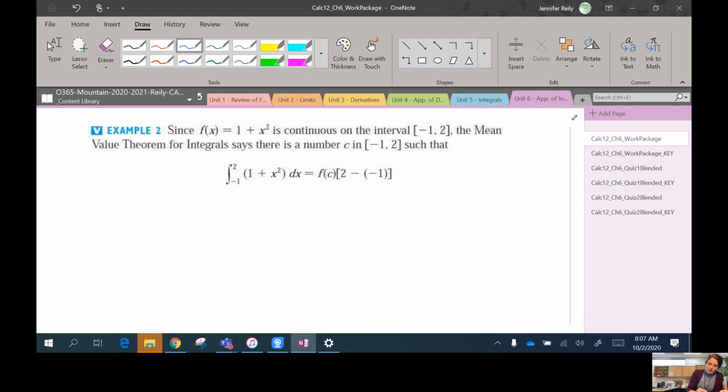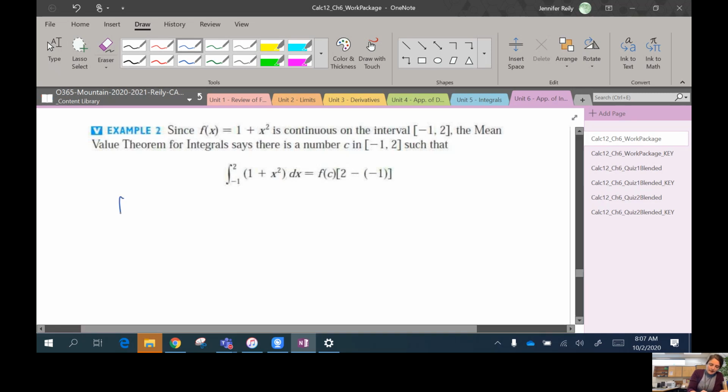So we want to make sure that f of x equals 1 plus x squared. So we want to find a place where, or I'll use the number c actually instead of x. So we're looking for this magic number c where the function is exactly equal to the average. Remember, we already calculated the average from example 1.